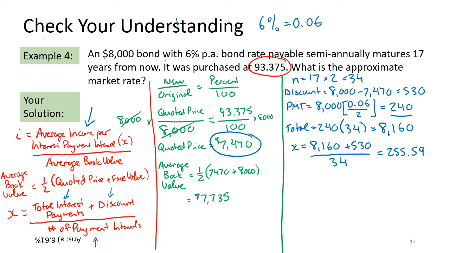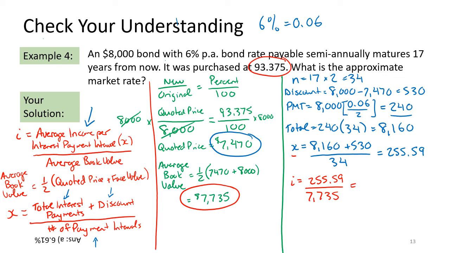For this, I'll switch back to red. Our value for I is equal to our average income per interest payment interval, our value of X, $255.59, divided by our average book value, which we calculated at the start, $7,735.